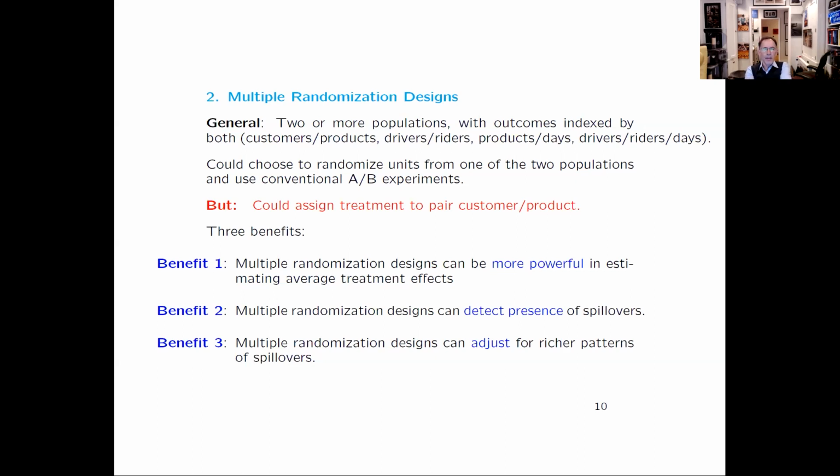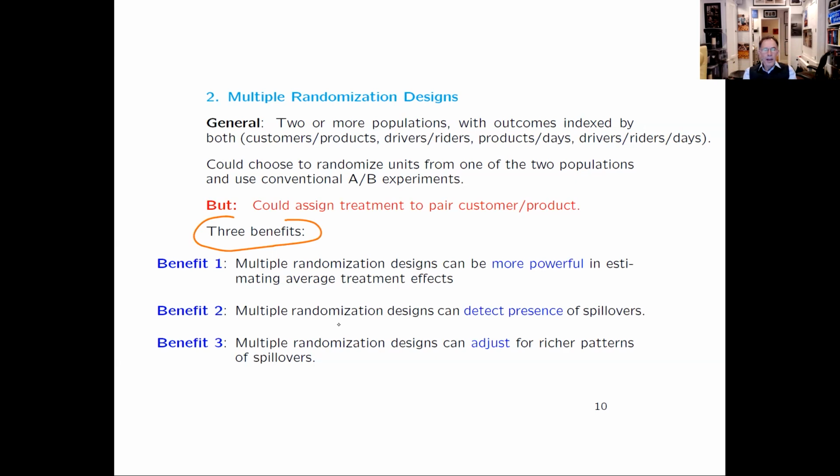We can randomize units from one of the 2 populations and do conventional experiments. But if we can assign the treatment to a pair, if we can vary the treatment both within customers and within products, there are 3 potential benefits to such experimental designs.